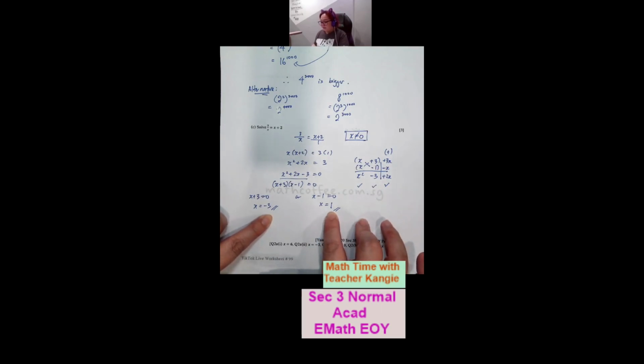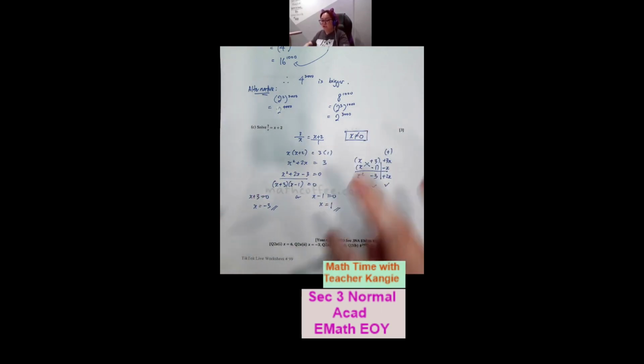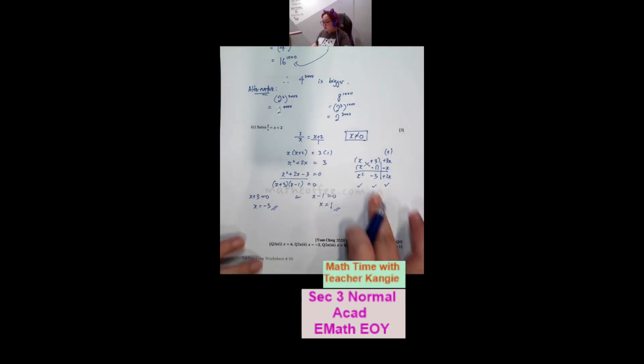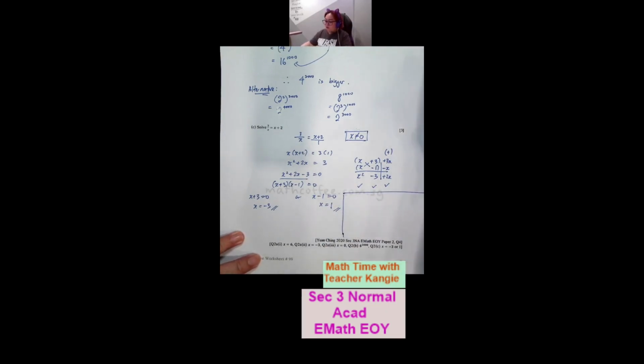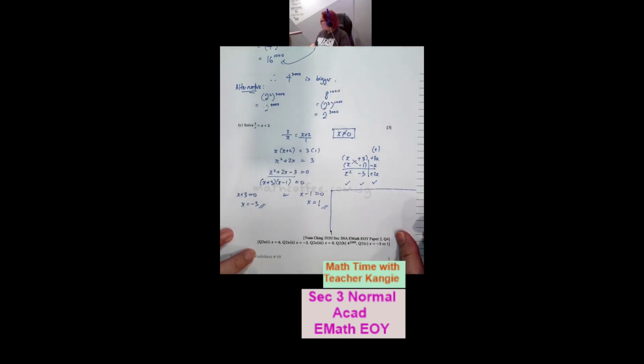Can use quadratic formula? Yes, over here you can use quadratic formula because they did not mention that you must use factorization. So let me just do at the side here using quadratic formula. For those who just learn quadratic formula, so you can see how I use a different method. Look at this equation.